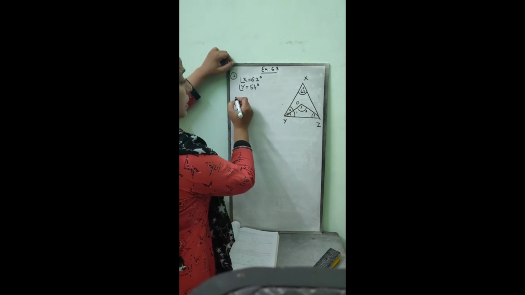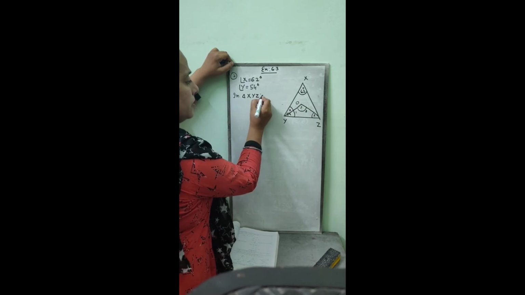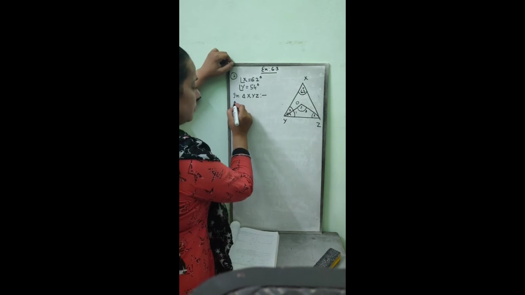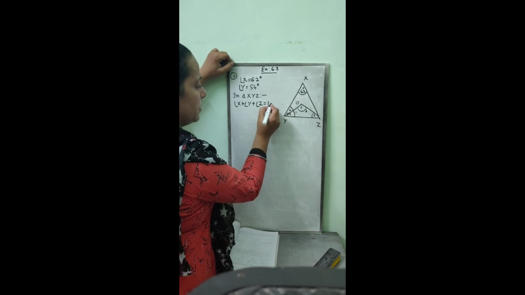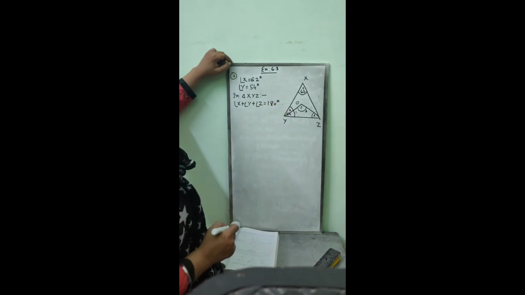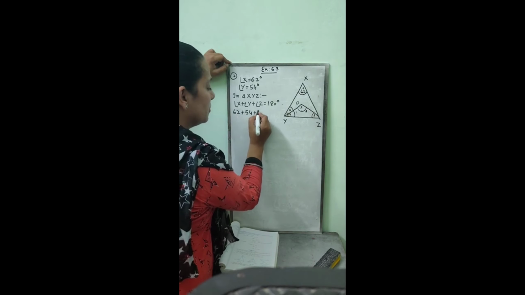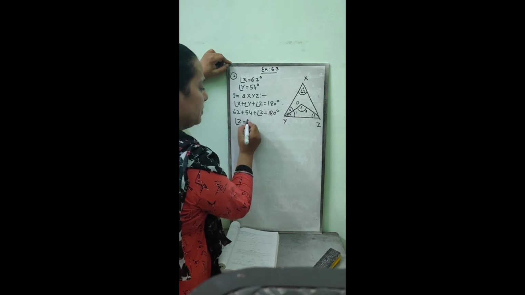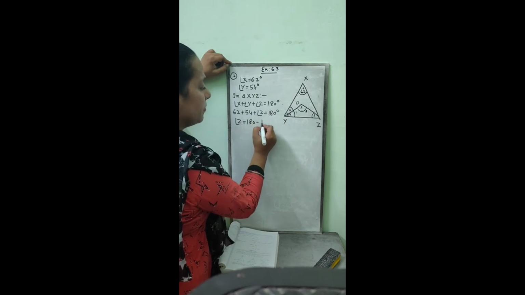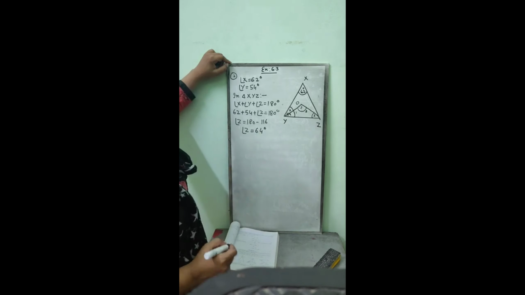See, in triangle XYZ, you are having three angles, X, Y and Z. All are making 180. X is 62, Y is 54, Z is as it is. Angle Z will be 180 minus 116, value of Z is 64 degree, right?